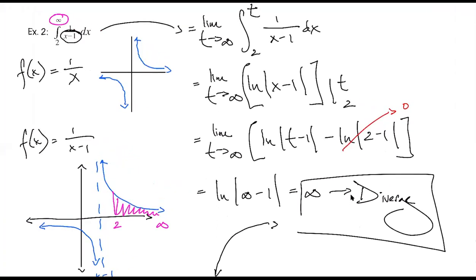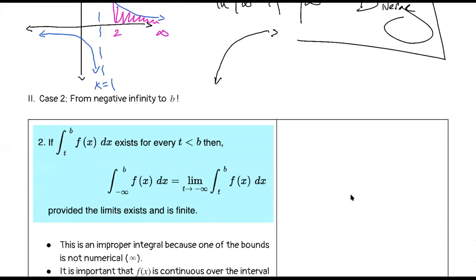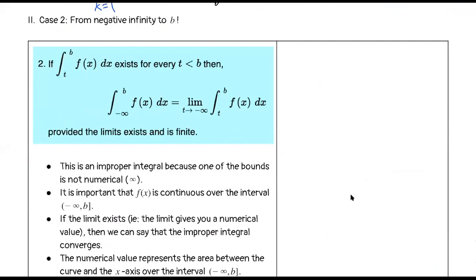So let's take a look at case number 2. Case number 2 goes from negative infinity to b. We're looking at the left end of the function. Does the left end of the function drop quickly enough?